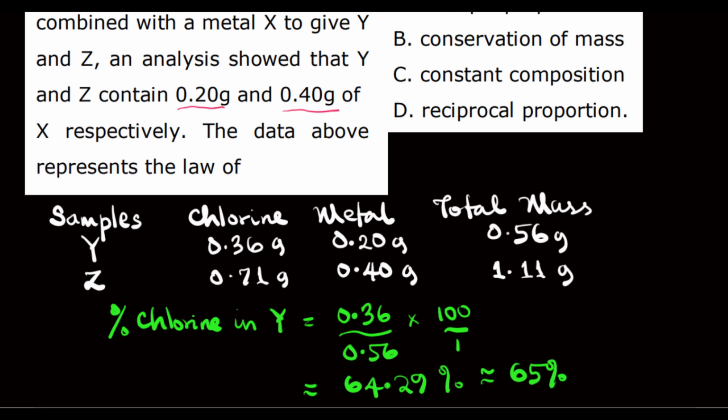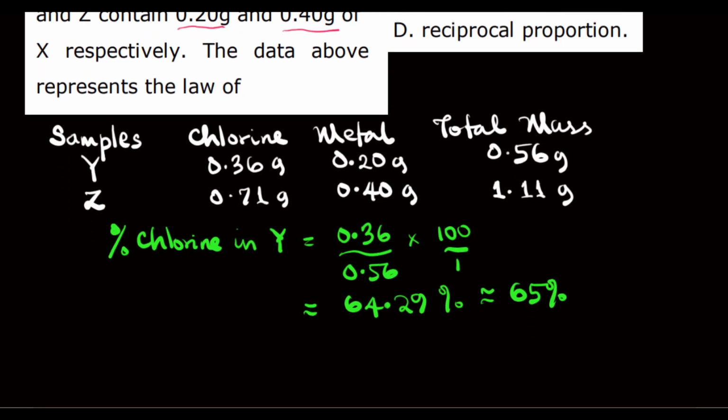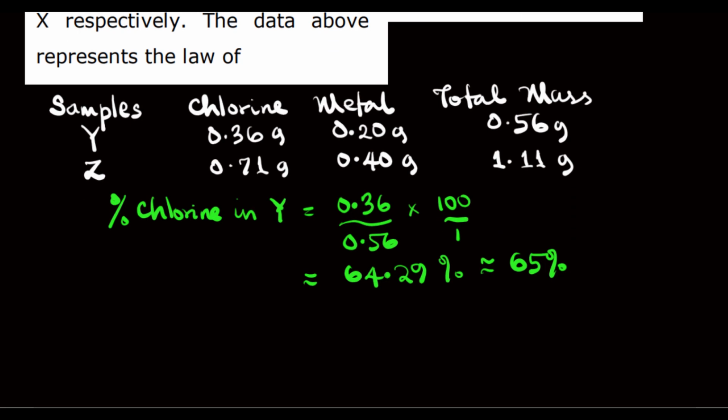Okay, let's look at the percentage of chlorine in Z. If it is the same as that of Y, then it is the law of definite proportion. But if it varies, then it would be the law of multiple proportion.